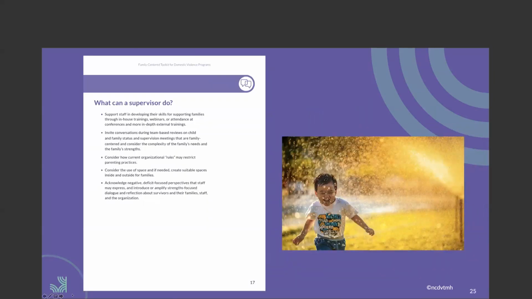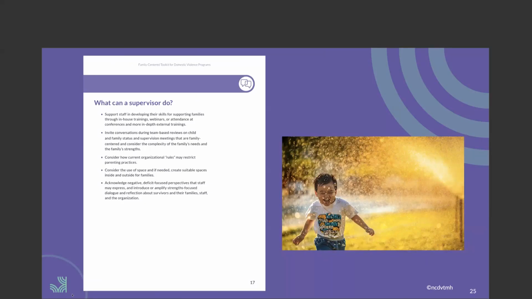Thank you. So each section of the toolkit also offers some practical suggestions for what a supervisor can do. This is a sample of that, with a really sweet picture of a little one running through water. It's parallel to what a direct staff person can do.